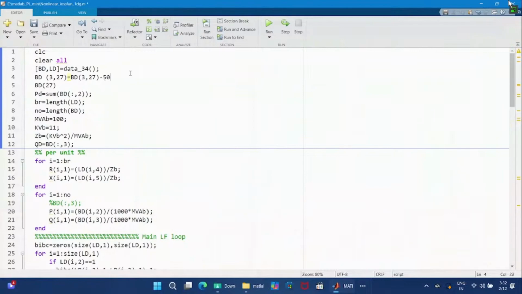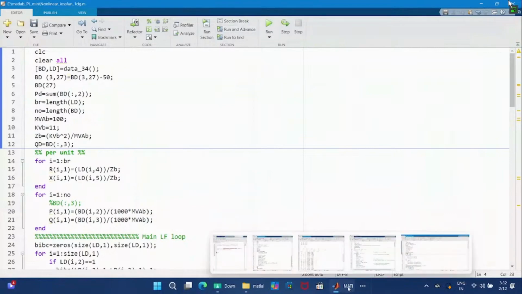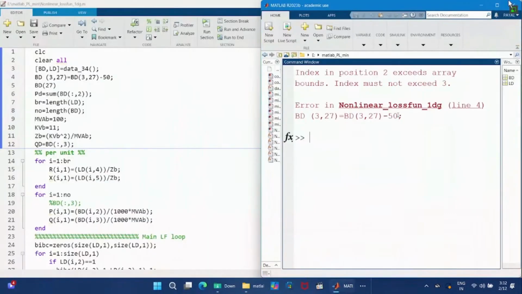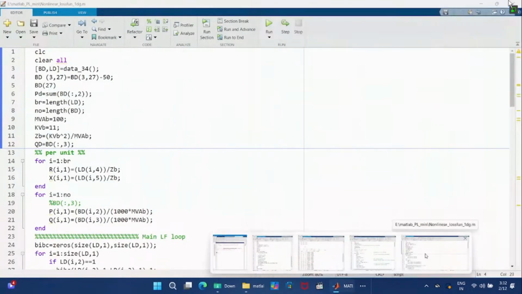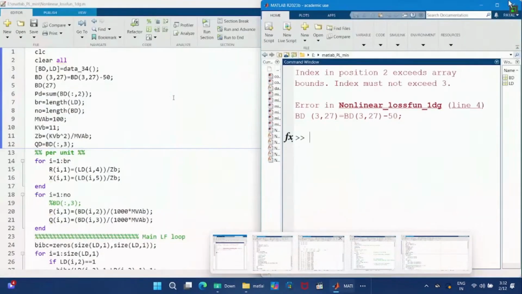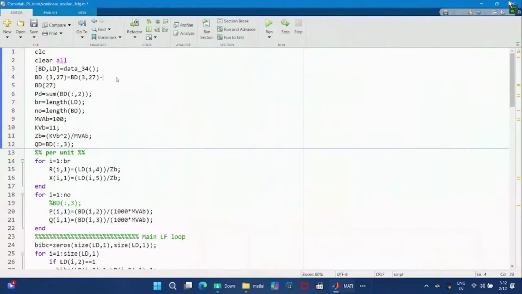So what will happen? Your bus data will be changed. Let's see what value we obtain due to this insertion. No, the program is not working. First, let's see what this value is.